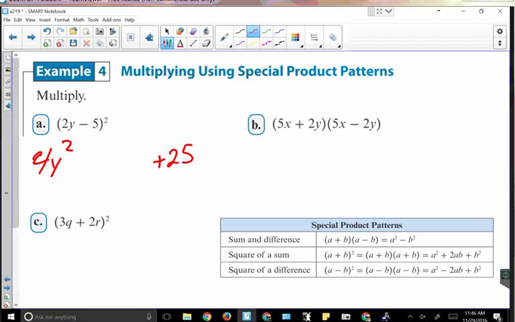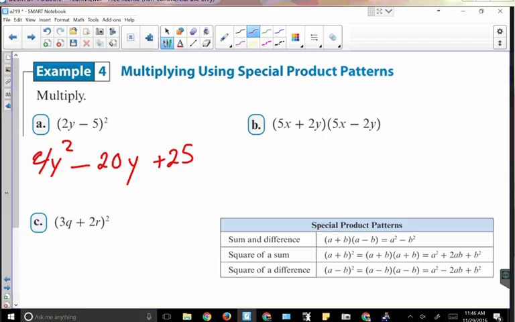Now what's going to be in the center? Well, it's going to be a negative, and you're going to multiply 2 times a times b. So it's going to be this times that multiplied by 2. What's 2 times 5, multiplied by 2? 20. So this is going to be minus 20y plus 25.